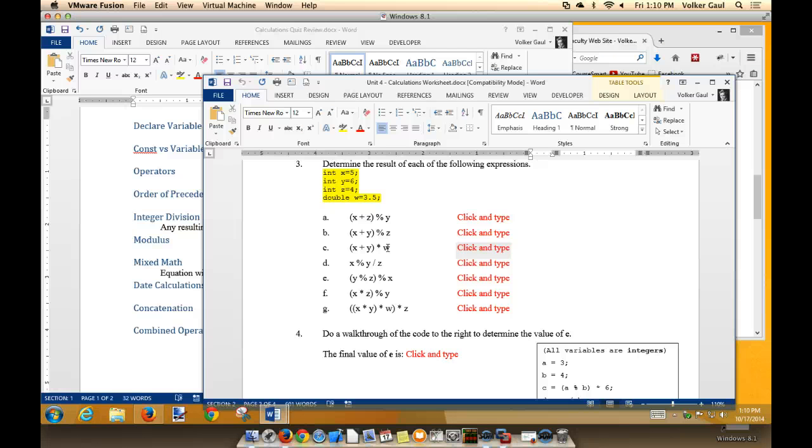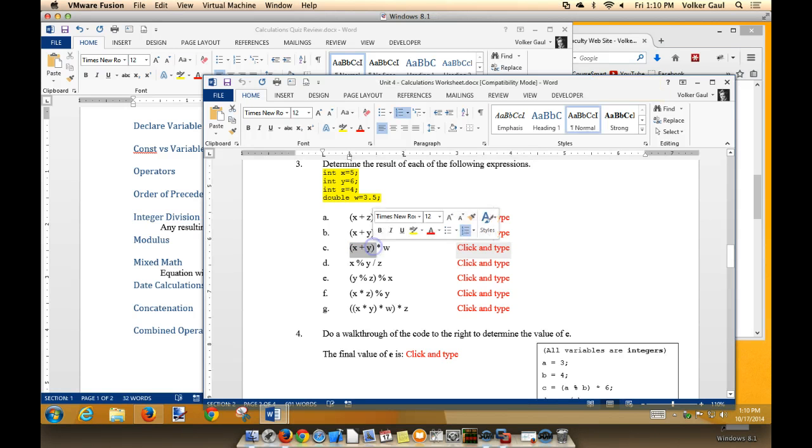But the first thing I see here is parentheses. An order of precedence says parentheses get done first. Those are two integers. When I add x and y, what do I get? An integer. The numbers in this case happen to be 11.